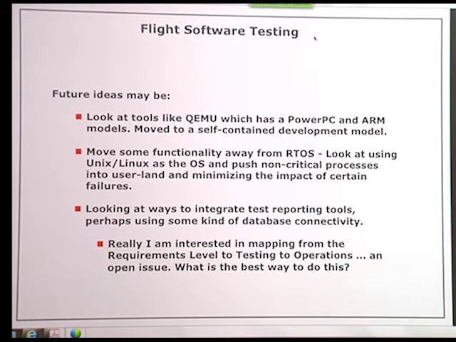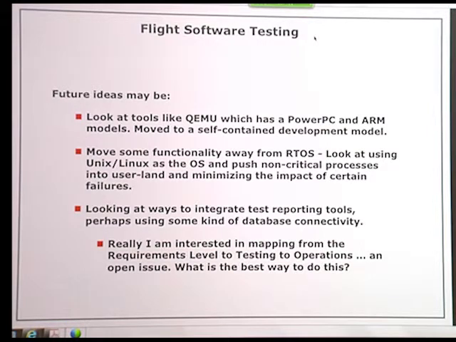But it would be nice to have sort of higher fidelity tools that actually model the processor environment or model the bus environment. And so in the future, I'm actually thinking of tools like QEMU, which is an emulated PowerPC, or something like Simics, but which is very expensive though.